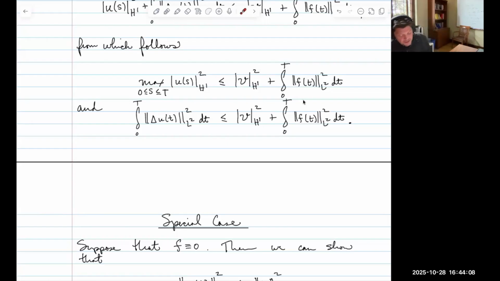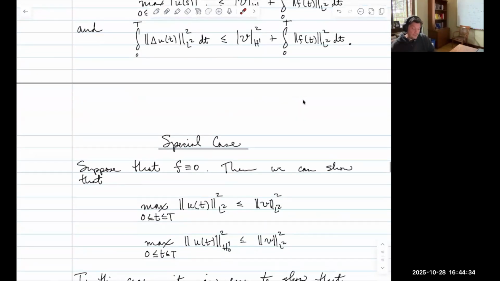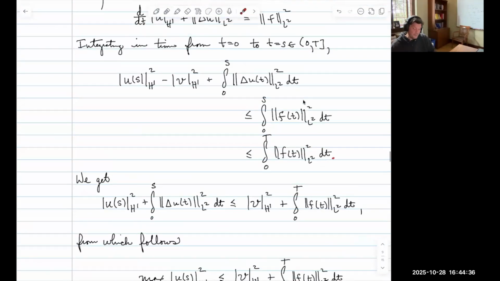So just be aware that when I'm doing manipulations like this, I might be doing something which is not necessarily allowed unless I have really smooth solutions. If I'm working only with weak solutions, they're not that smooth by definition. And so I may not be able to carry out all the manipulations that I want without some care. So just be careful.